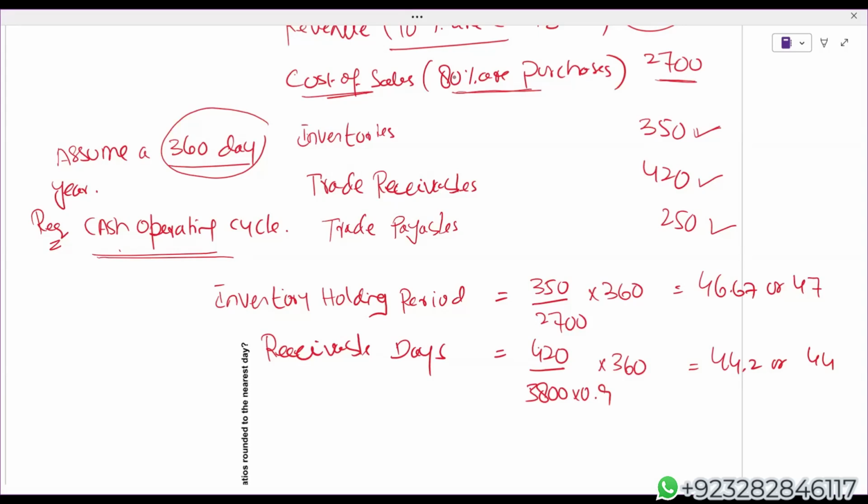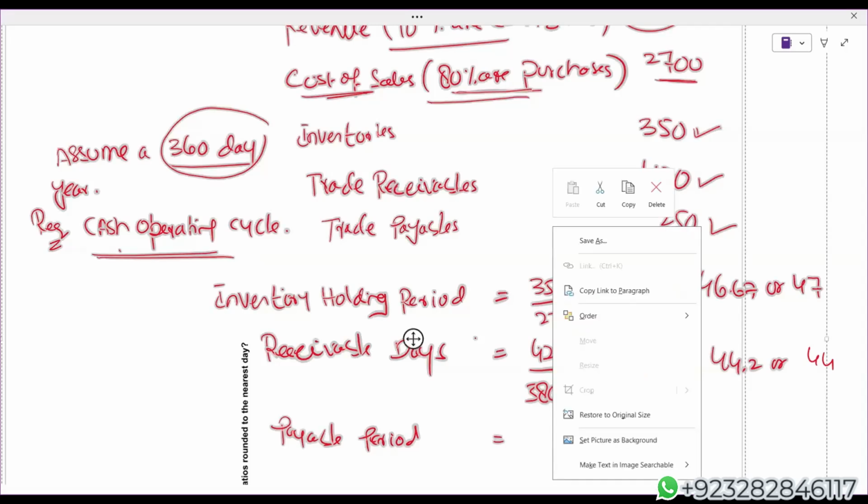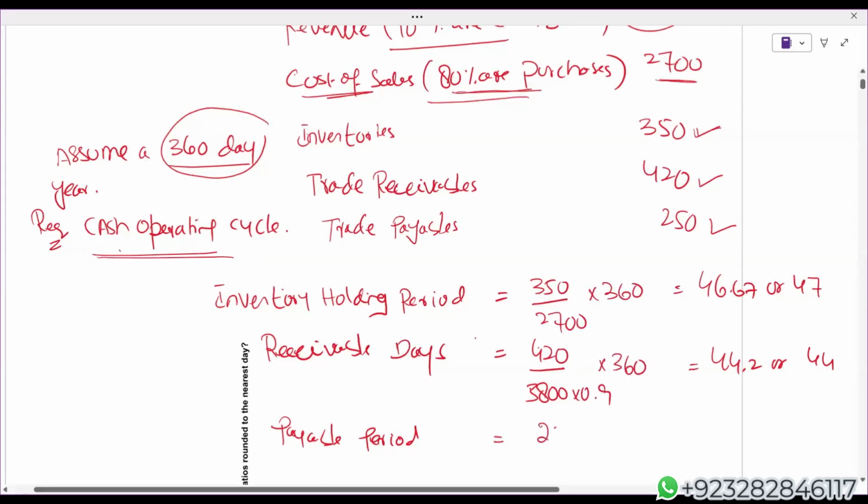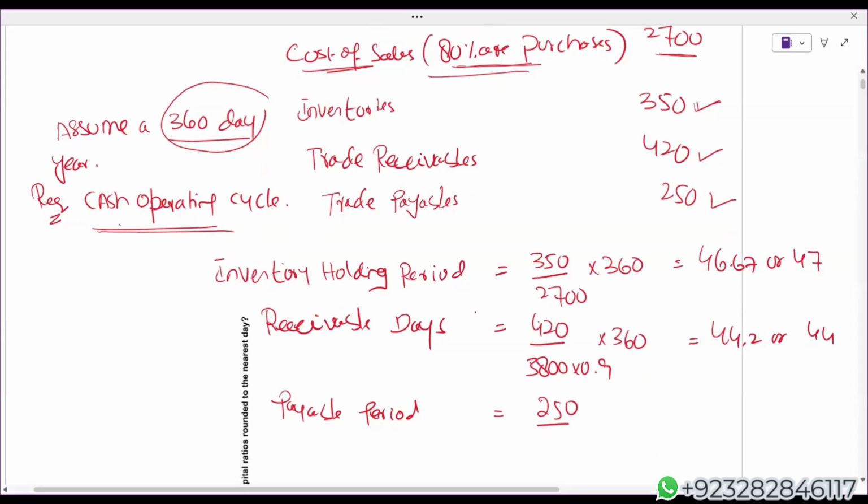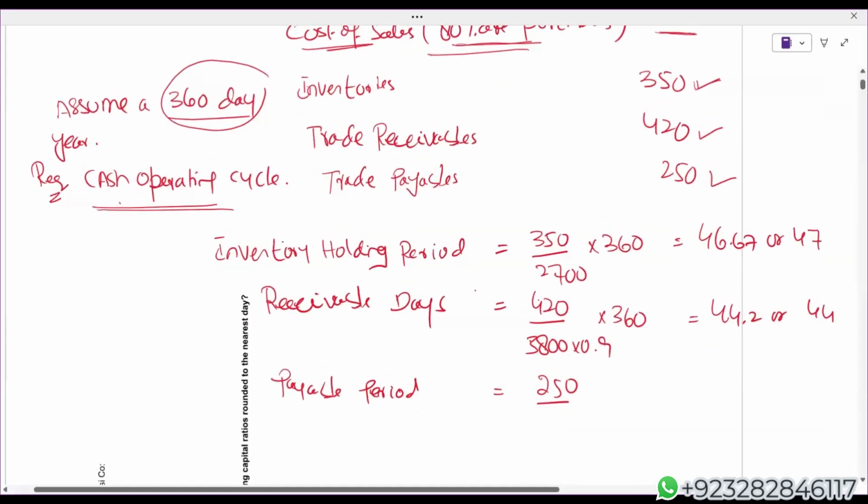Now payable. Payable period means when do we make payment to the suppliers? How do we calculate payable period? Simply we'll take trade payable divided by purchases, credit purchases. Obviously, nothing is mentioned, then all the purchases are on credit. Payable is 250. If purchases are not given, then we work on cost of sale while calculating payable period.